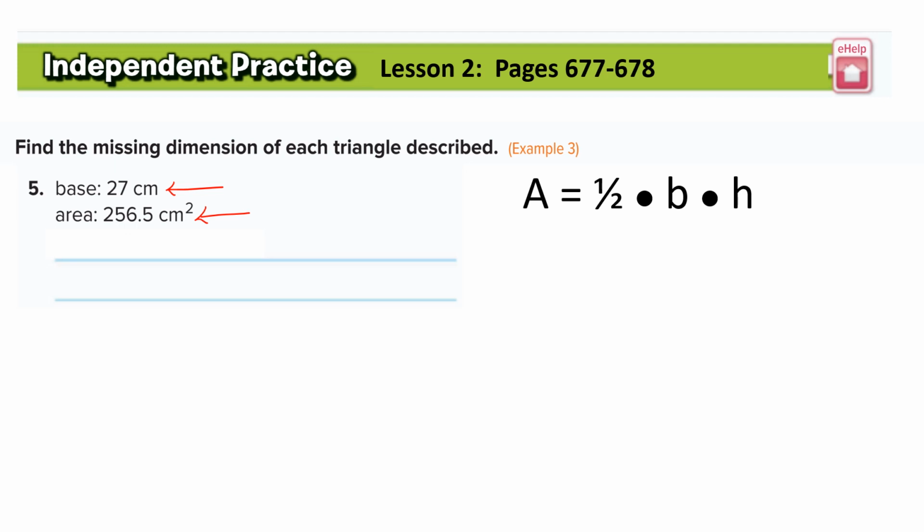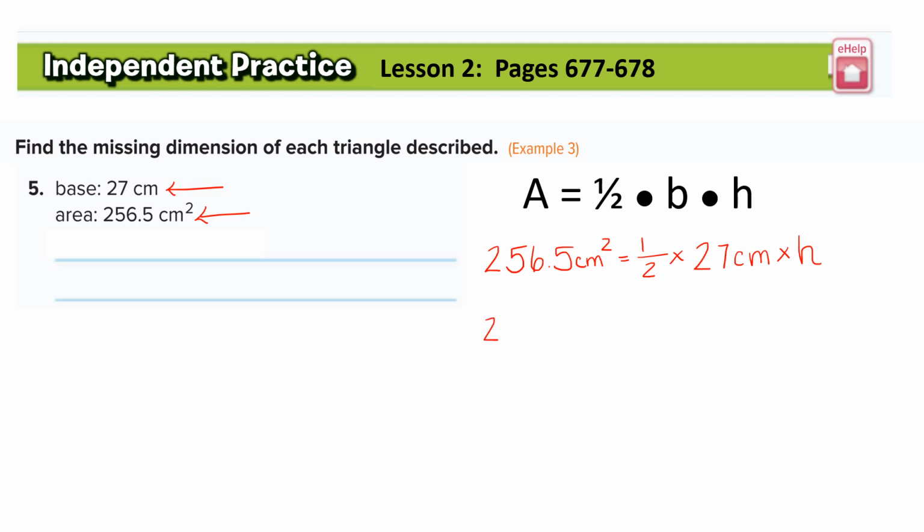I'm going to plug in the area for A, which was given to me, 256.5 centimeters squared, equals 1/2 times B. B is the base. They provided that to us. It is 27 centimeters times the height, which I do not know. That's what I'm solving for.